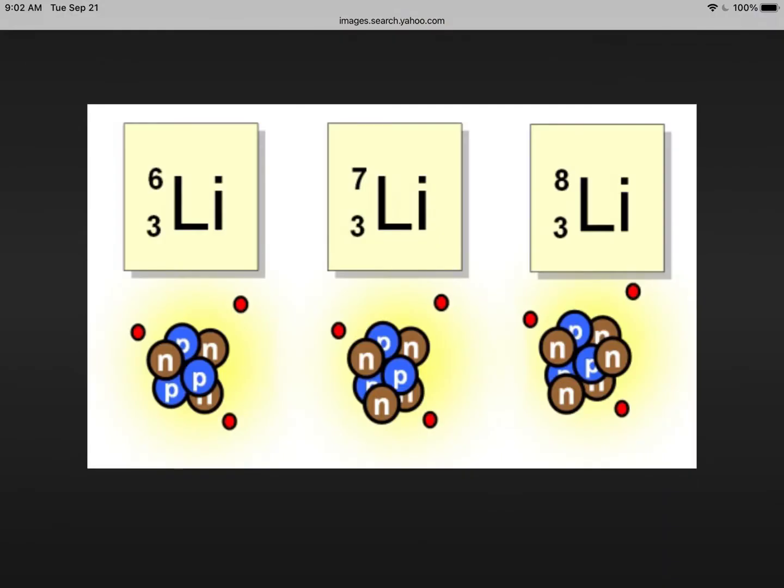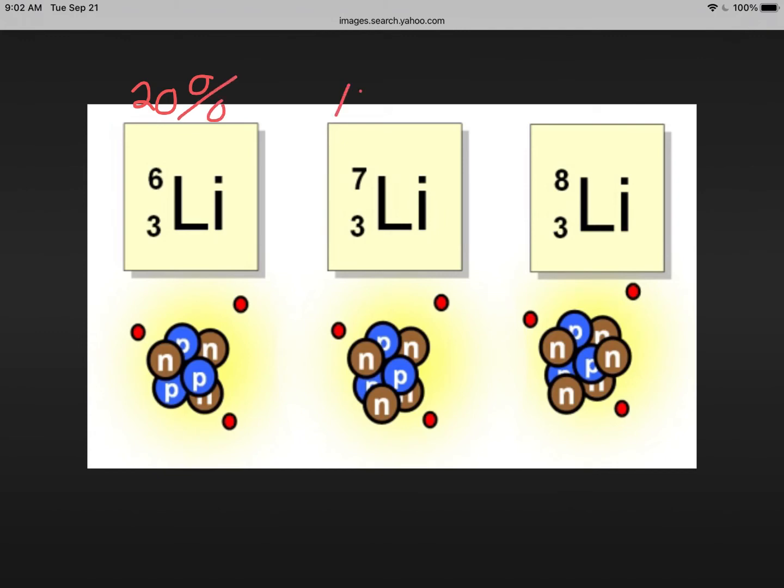Now, you can have a sample that has 2 isotopes, 3, 5, or 10 isotopes, and they're all going to function the same. So let's say here you have 20% in this sample of lithium-6.